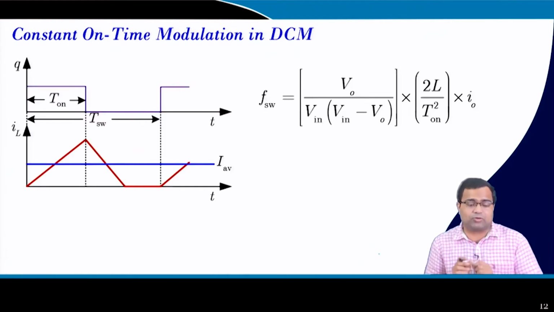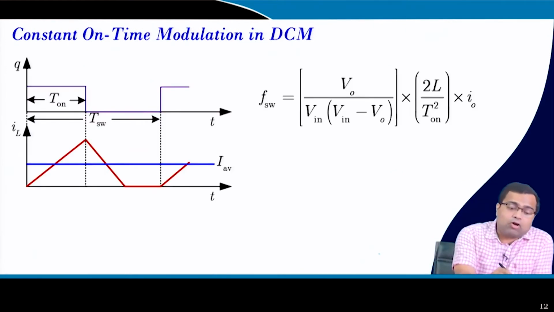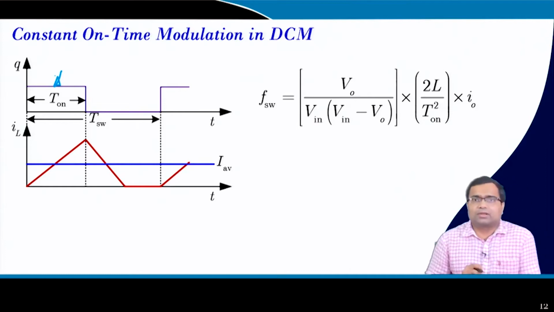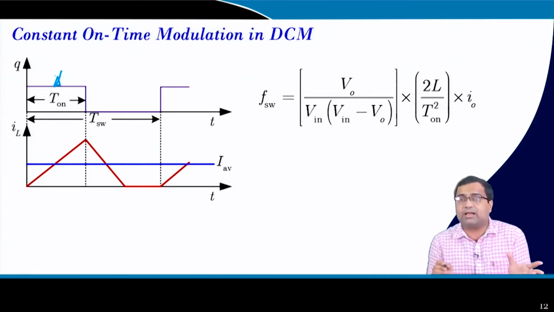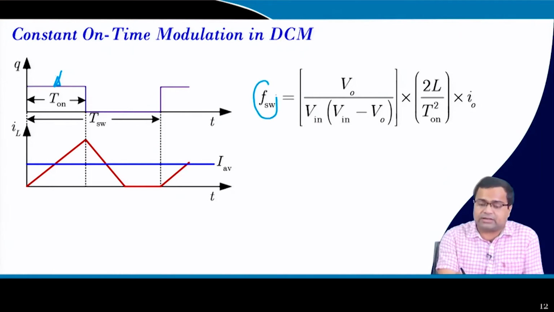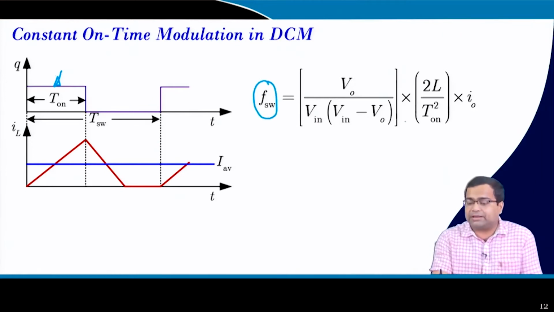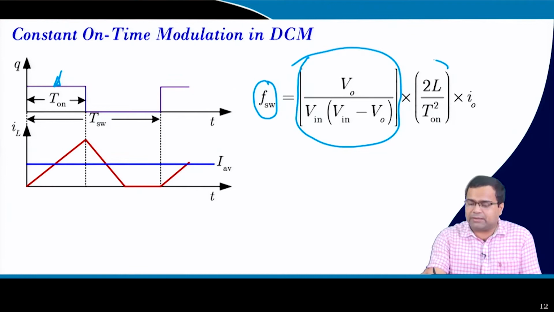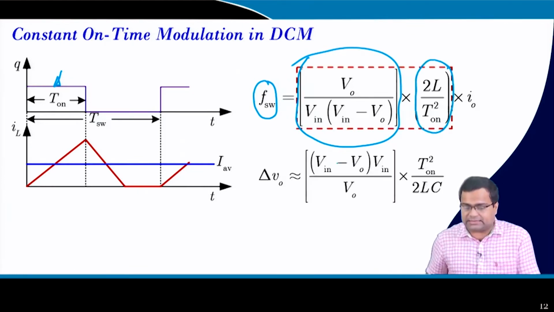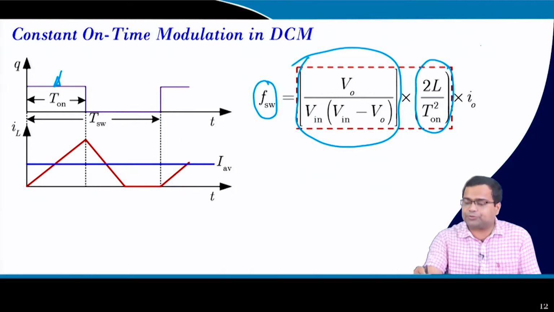So, if you take constant on time control, where the on time is constant and the time period will vary, we have seen the switching frequency under constant on time control can be written like this. If you keep the input and output voltage constant, and your on time and inductor are already fixed, then switching frequency is linearly proportional to load current.